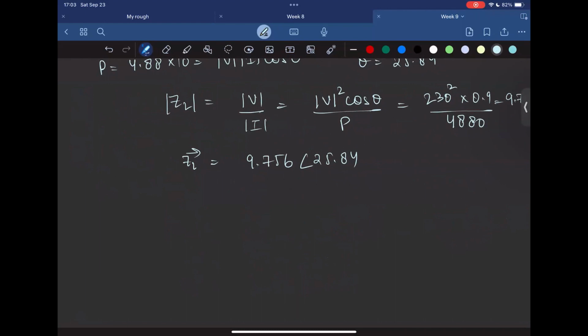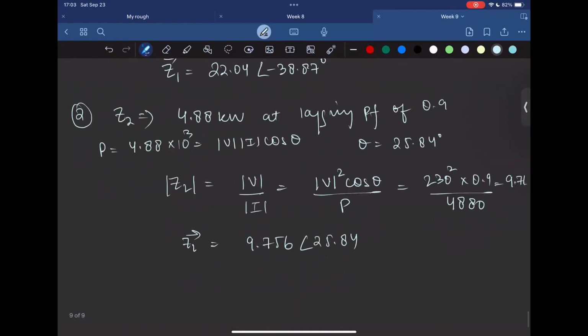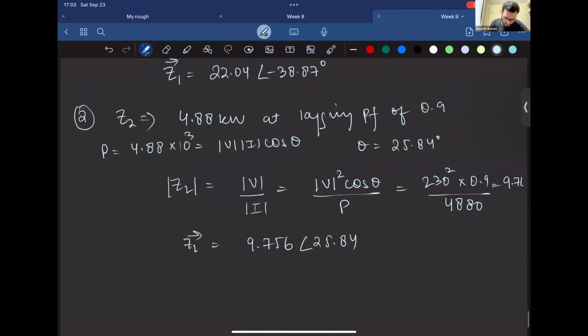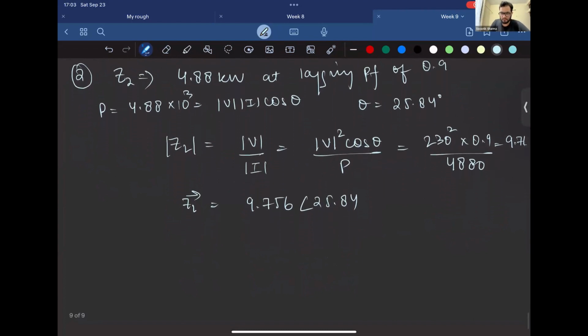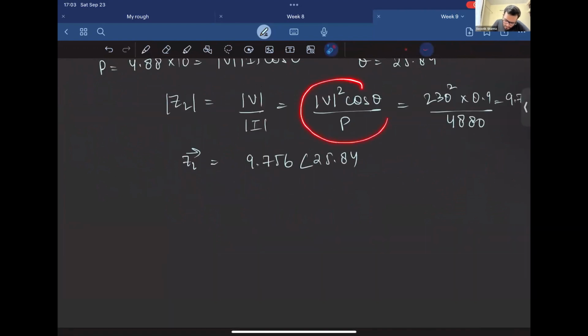So you still didn't get the answer. Okay, see, Z is V by I, and we're calculating magnitude only, since we know the phase angle difference. By magnitude, it's mod of V upon mod of I. I know the value of VI cos theta, so I multiplied V cos theta in both numerator and denominator and got this term.